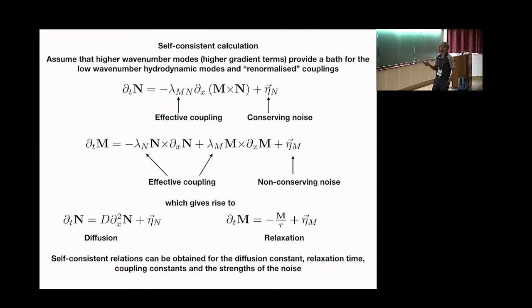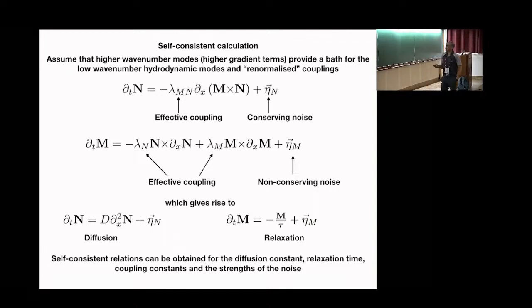And similarly for the magnetization, you would get noise, but generically that would be non-conserving noise because the magnetization is not conserved, and of course you could get some renormalized couplings. So taking into account the effect of the high wave number modes, this is the dynamics that we can write down for these two fields.